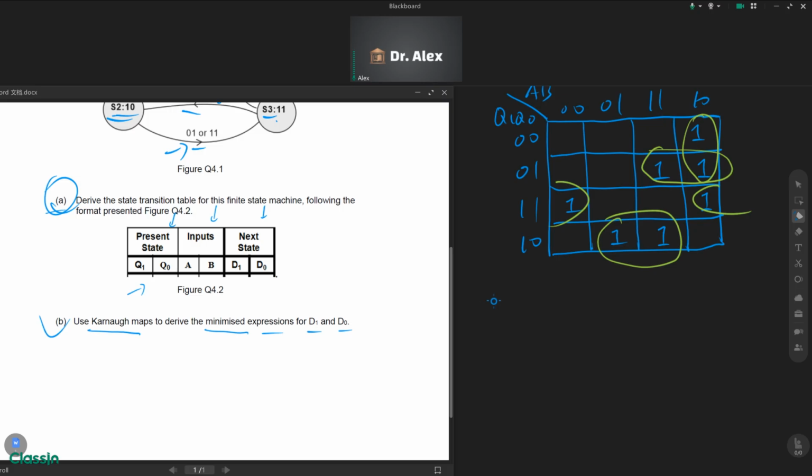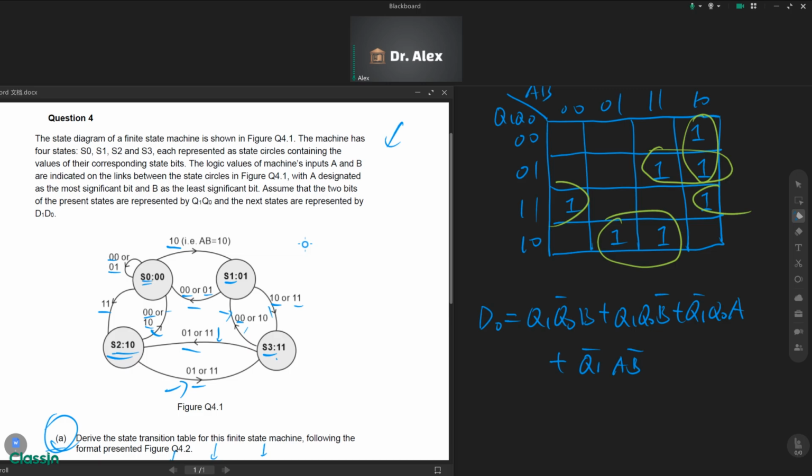So we will write the final answer like this: Q1 Q0 not B, plus Q1 Q0 not B, plus not Q1 Q0 A, plus not Q1 A not B. So I think that's the final solution for this question.